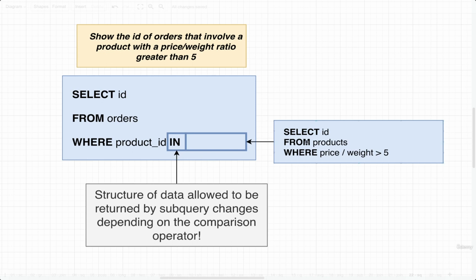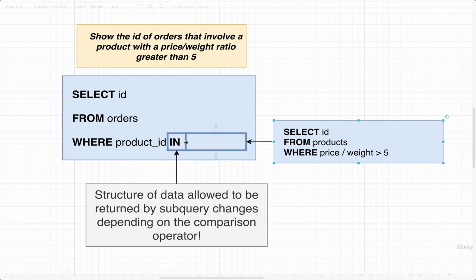So when we start talking about subqueries being used inside of a where clause, and we think about the type or structure of data that is returned from the subquery, a valid subquery is going to be valid or not depending upon the operator that we are using. In some cases, we are allowed to write a subquery that is going to return only one single value.